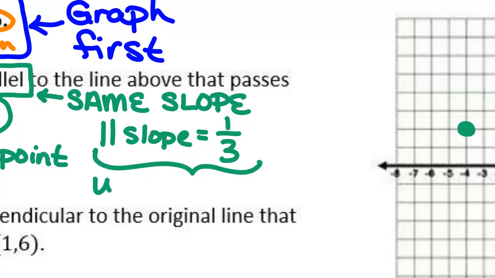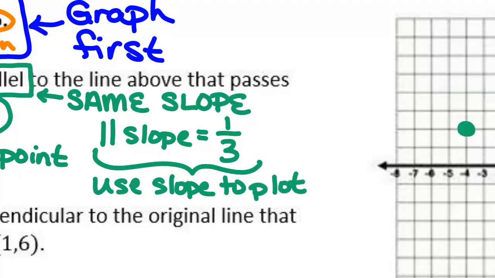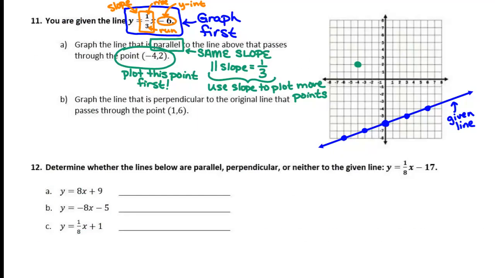And then we will use the slope to plot more points. Just like we did when we put our y-intercept down and then used our slope to count to get more points, I'm going to go to the point that I plotted and use the slope to get more points.